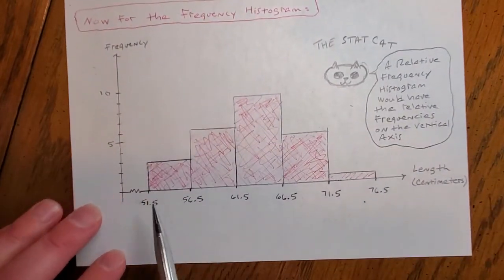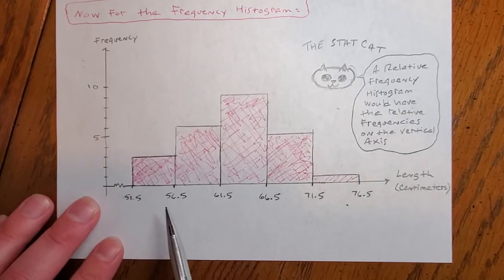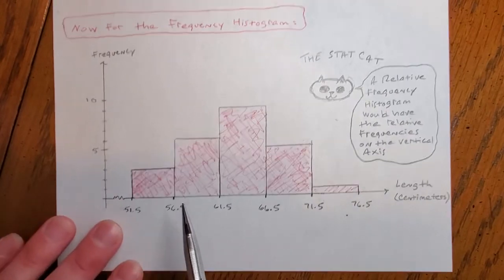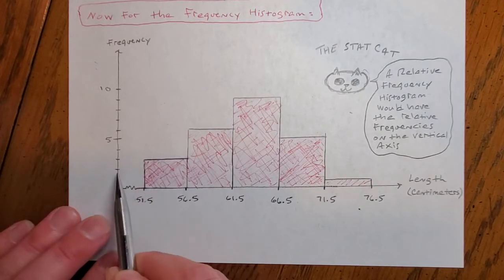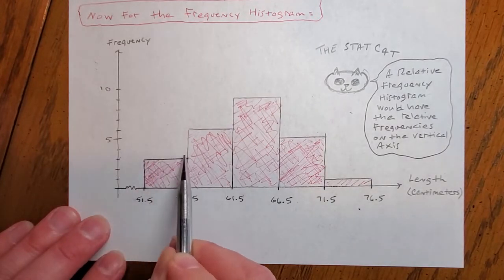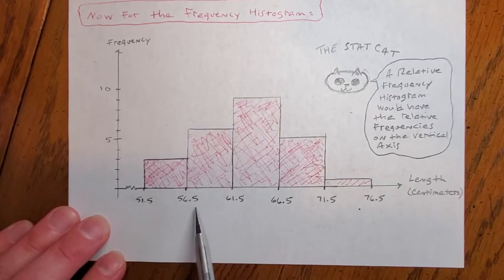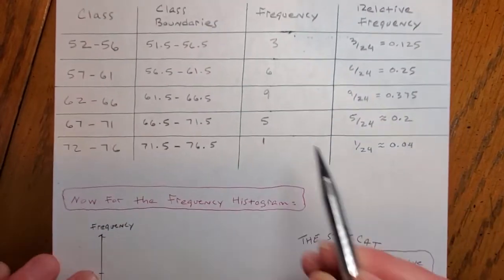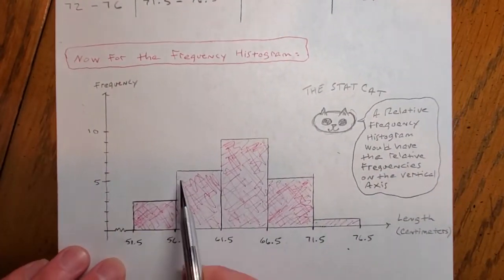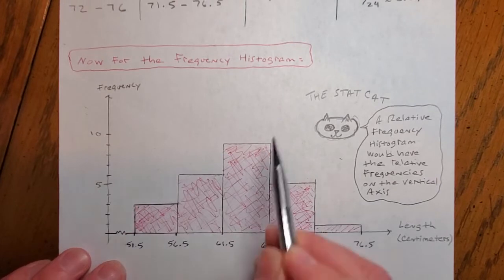So from 51.5 centimeters to 56.5 centimeters, it was 3, right? So I draw this vertical bar up to 1, 2, 3. That's how tall this one is. And then the next one, how many iguanas between 56.5 and 61.5 centimeters? Well, that would be 6. So I drew this next bar up to 6, and so on.